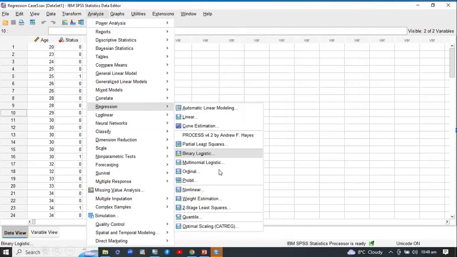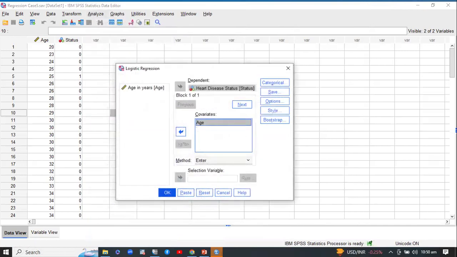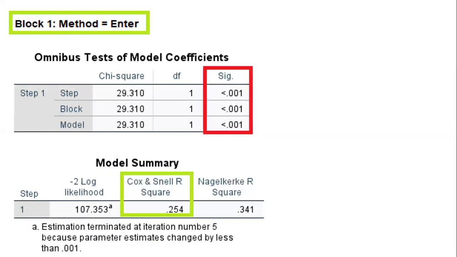So this is the procedure that we have adopted. We have gone to regression, binary logistic, then we put our dependent variable in the dependent list and our independent variable into covariates, which is age. And after doing this, we have gone to block one method. You need to ignore the block zero results.